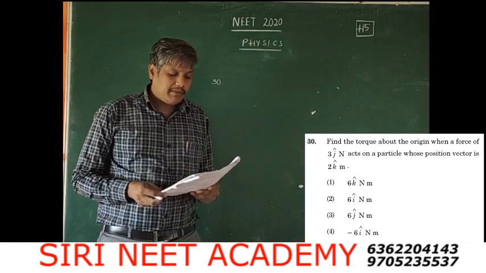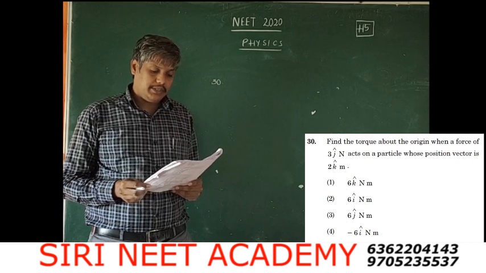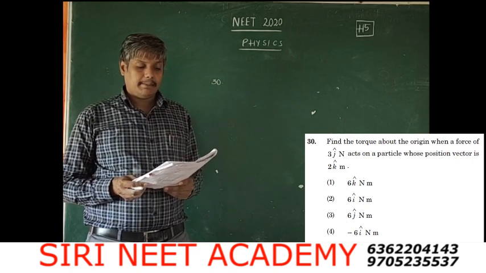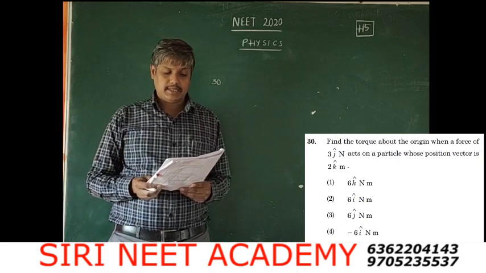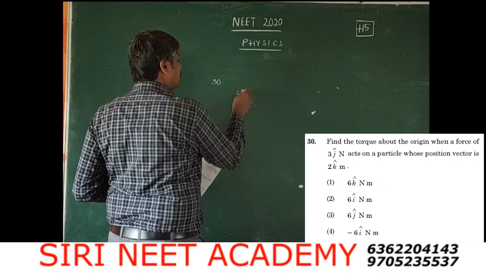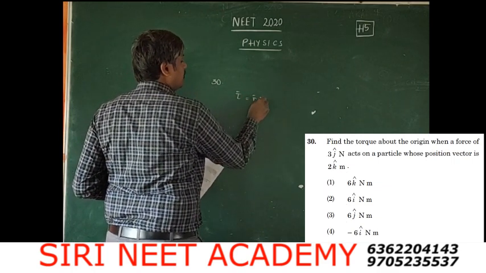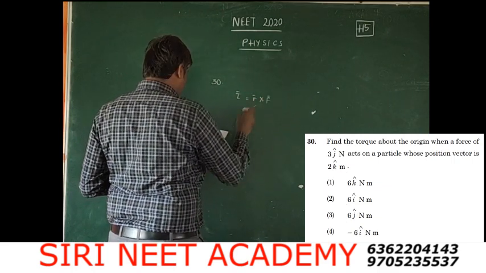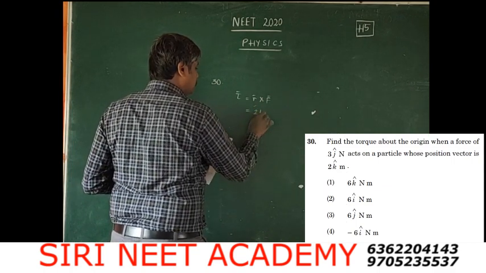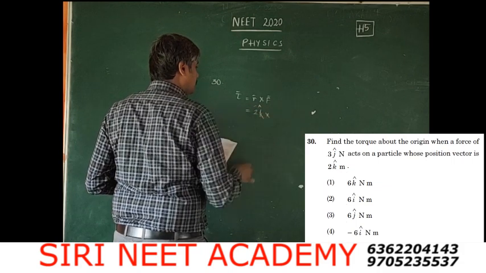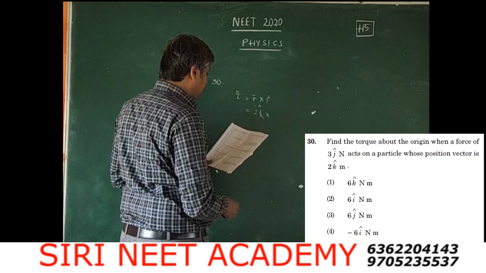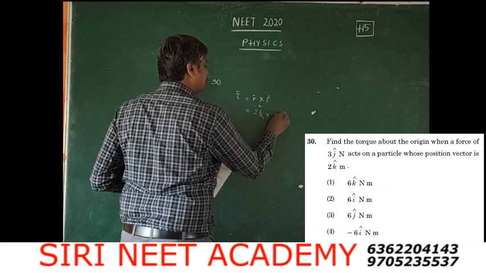Question number 30. Find the torque about the origin when a force of 3 j cap Newton acts on a particle whose position vector is 2 k cap meter. So we know that torque tau bar is equal to r bar cross F bar. So r bar is given by 2 k cap and force F bar is given by 3 j cap.